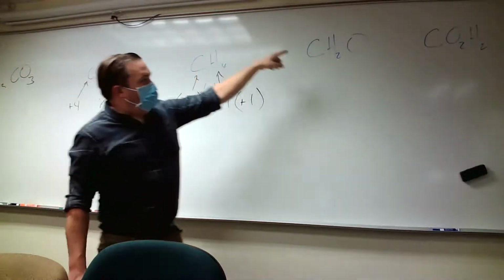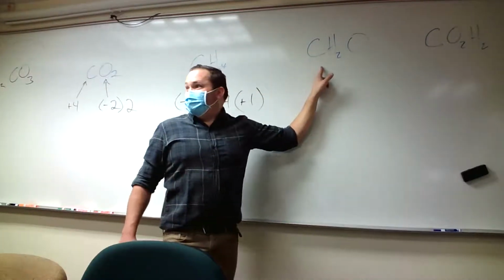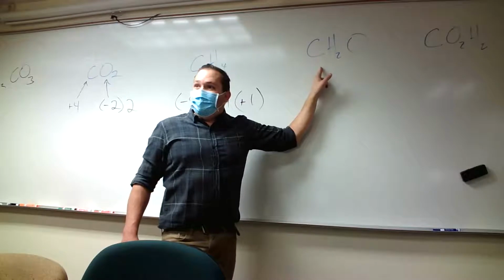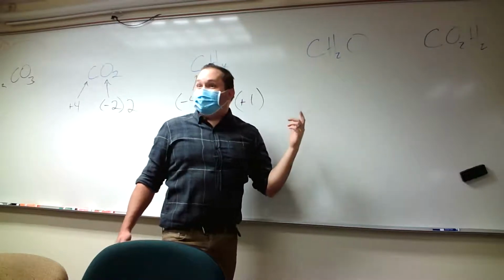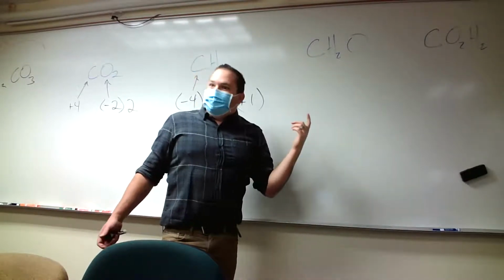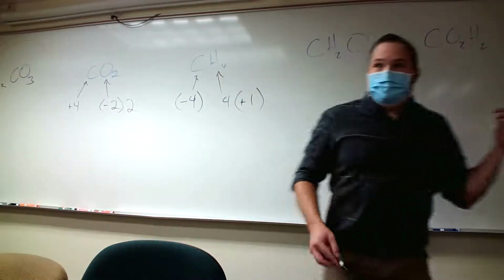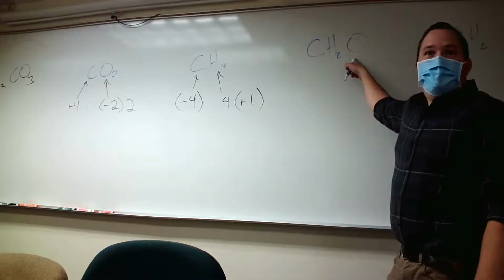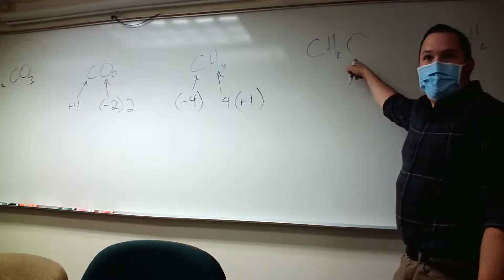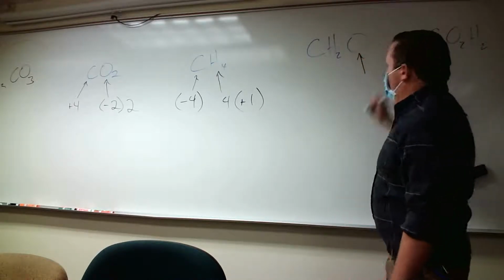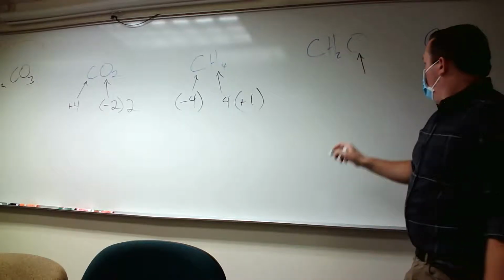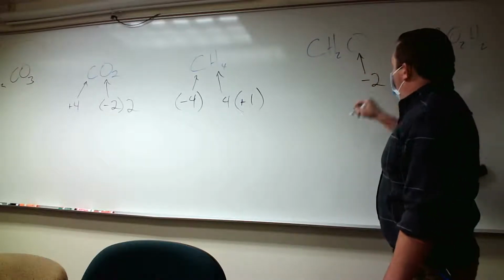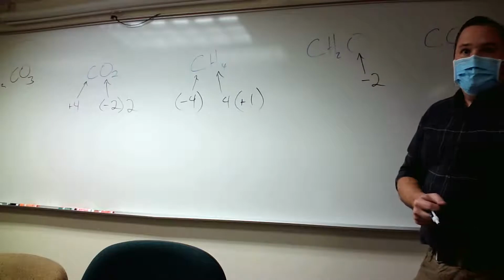And if you have all 3 of them at the same time, we're kind of limited. We have to pick one place to start. So oxygen gets its due first, right? So it doesn't matter that we have 3 options here. We can't break it up into ions like we do with ionic compounds, but we can say, well, I know oxygen's stronger than everything else. So oxygen's a -2.